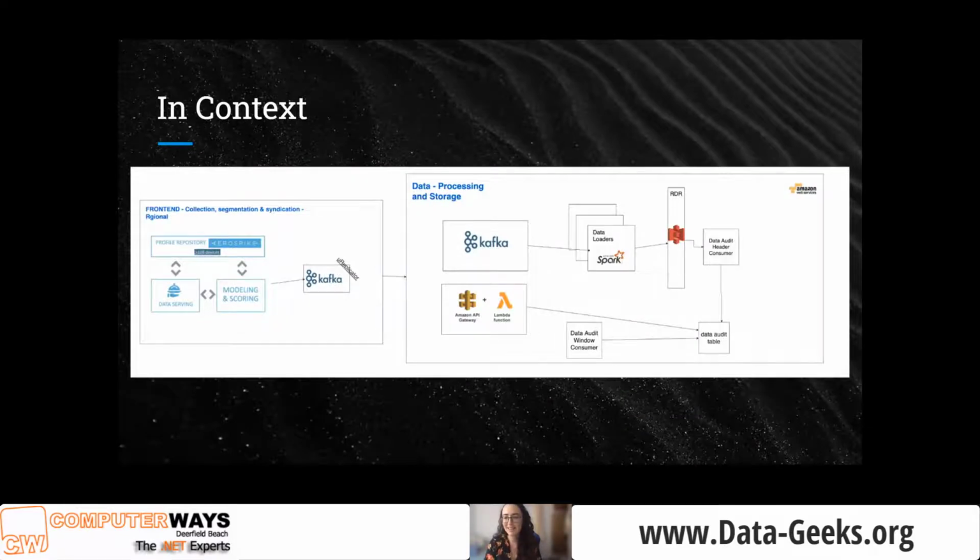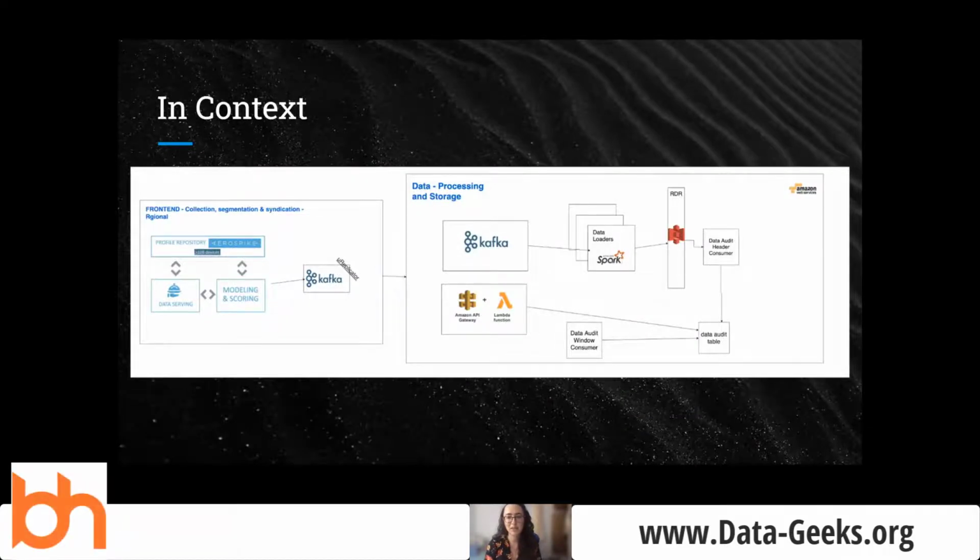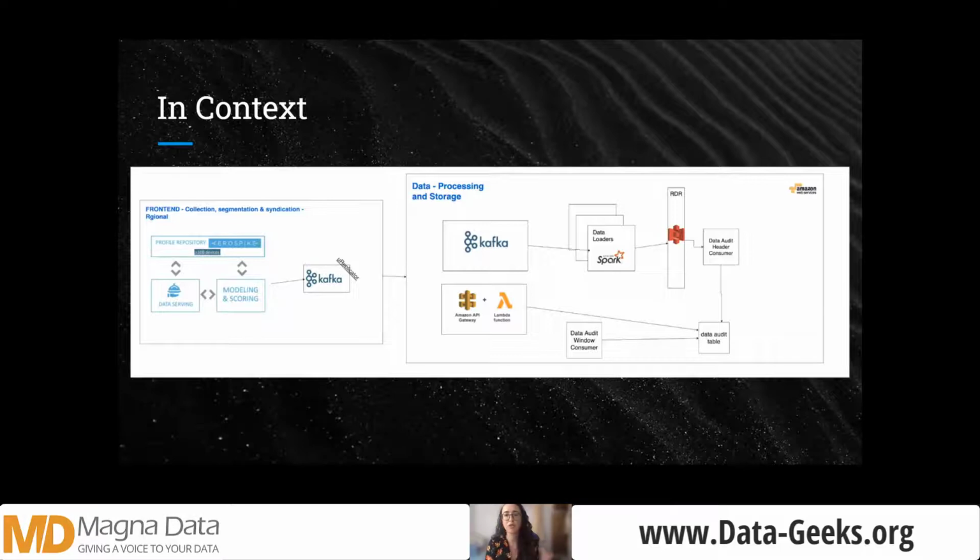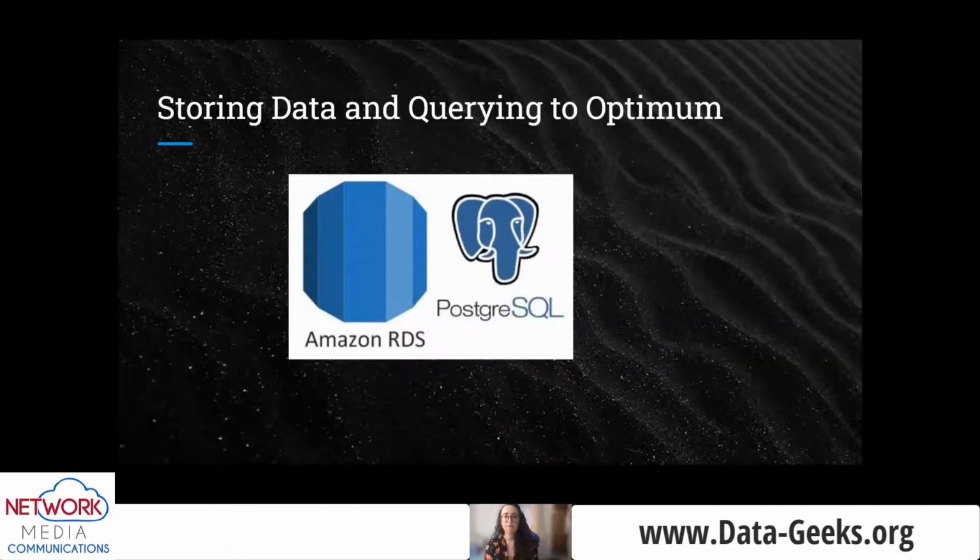So again, in context, you can see that the data audit window consumer and the data audit header consumer all consume the auditing data, and they eventually write it into the data audit table, which we'll discuss right now. Next slide. Okay.